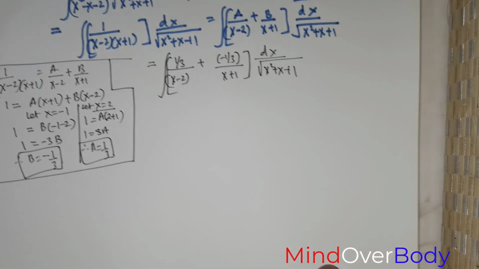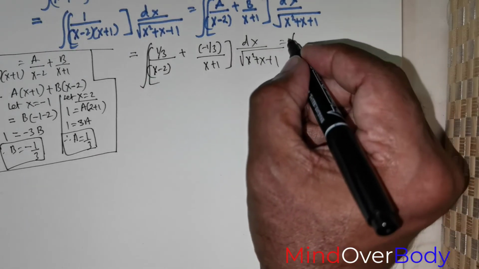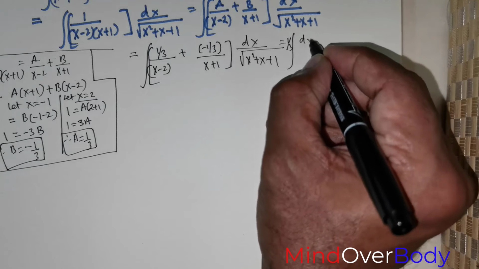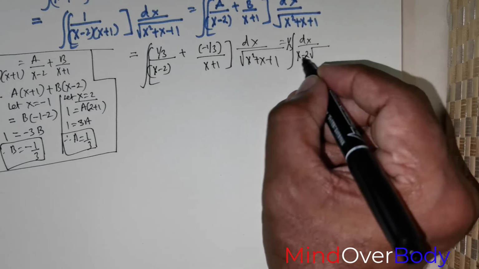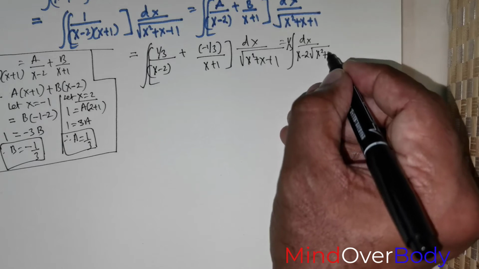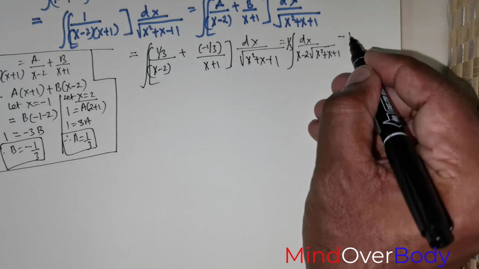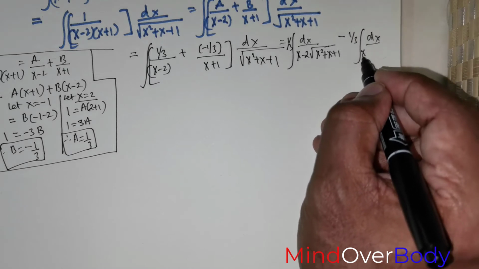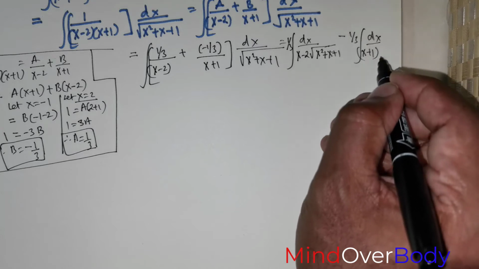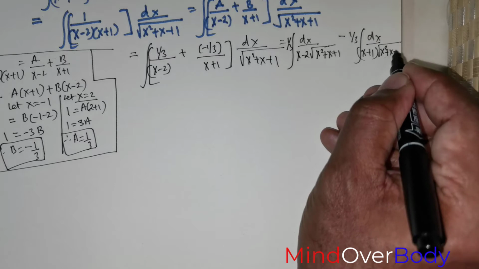Now I can rewrite this by distributing: 1/3 times dx over (x − 2) root of x² + x + 1. This is one term. The next term is −1/3 integral dx over (x + 1) times root of x² + x + 1.